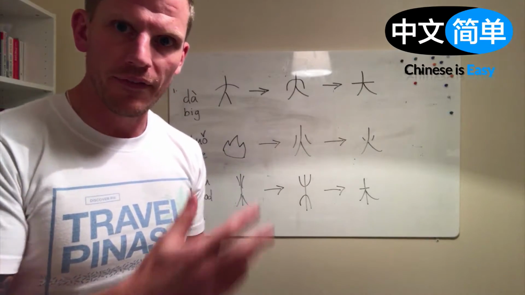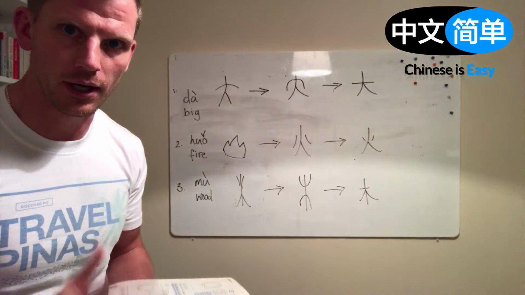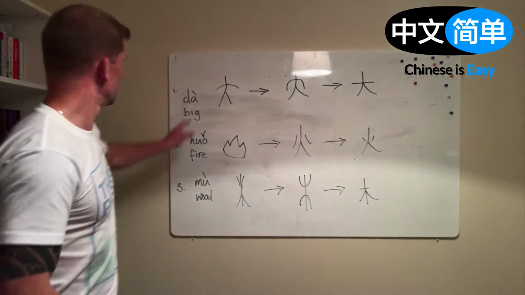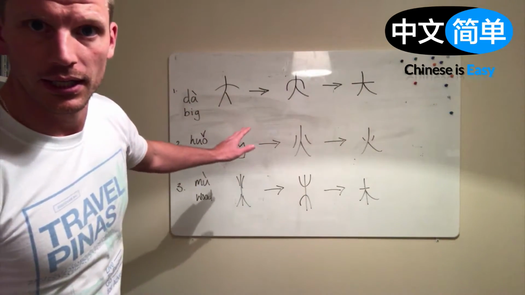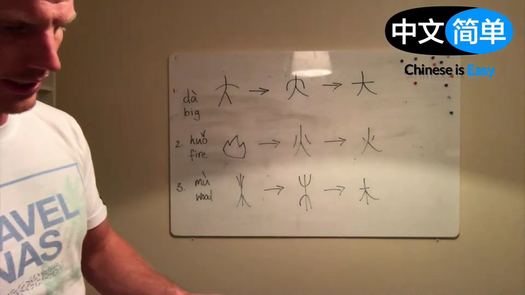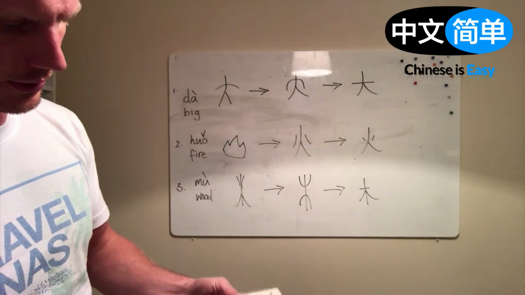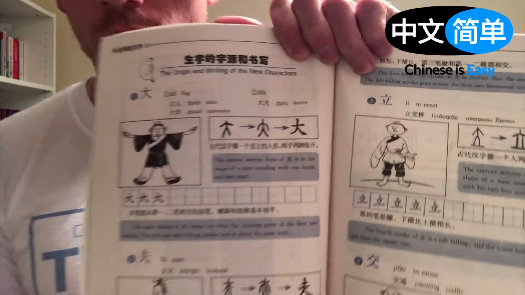So for example, I've highlighted 3 on the board here, which I particularly like. The first one, Da, is big. And I can show you in the book here how this one originated.